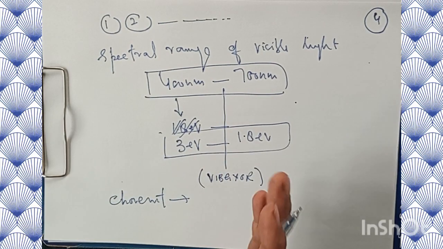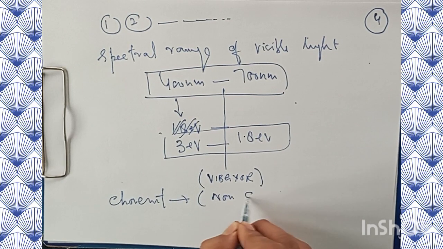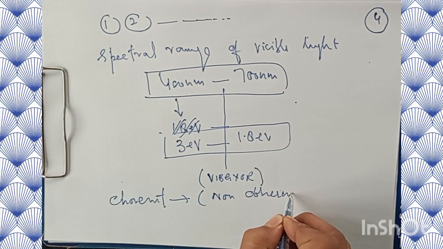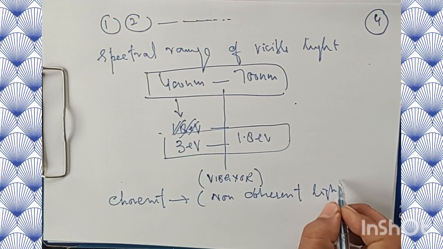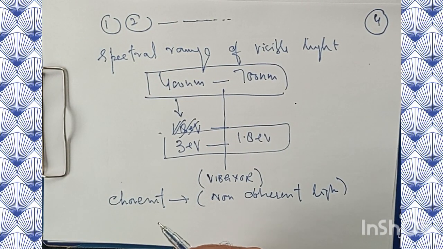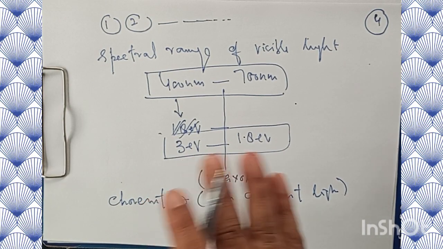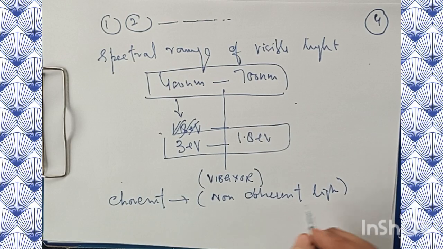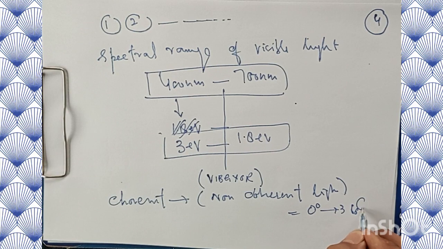Two light sources having same initial phase or constant phase, we call them coherent. But from these LEDs, we get non-coherent light, right? And that means the light has many phases. There are a range of phase differences that may range from 0 degree to 360 degree, right?